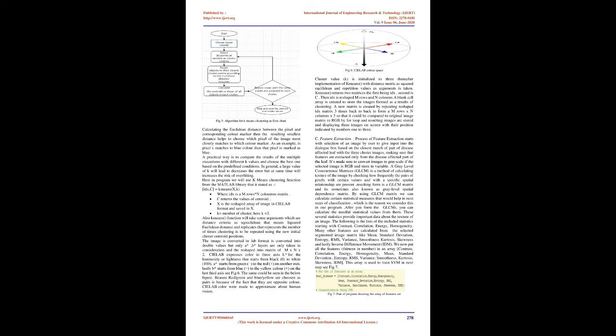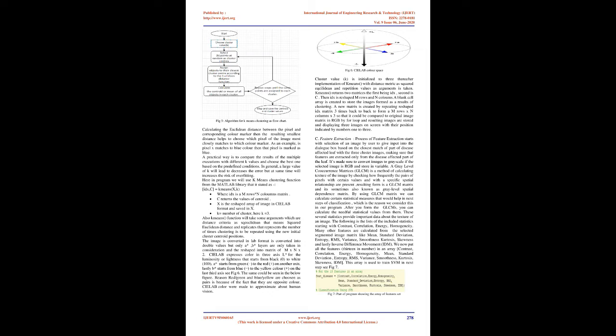A practical way is to compare the results of multiple executions with different k values and choose the best one based on predefined conditions. In general, a large value of k will decrease the error, but at the same time will increase the risk of overfitting.